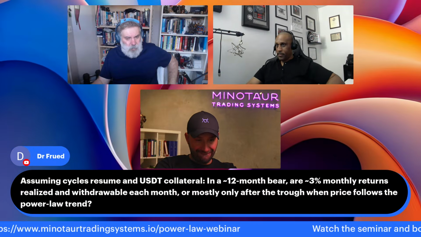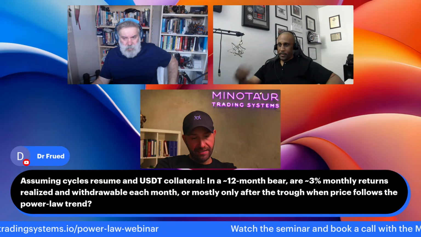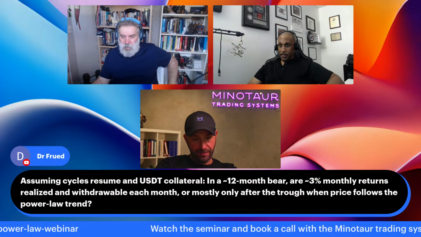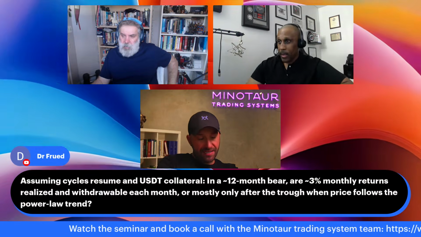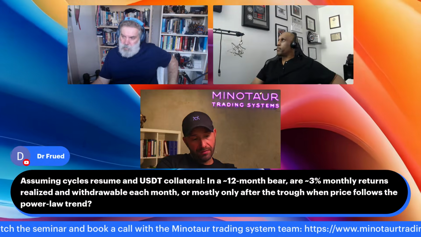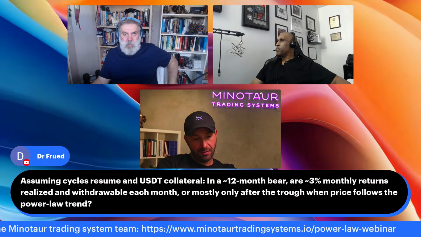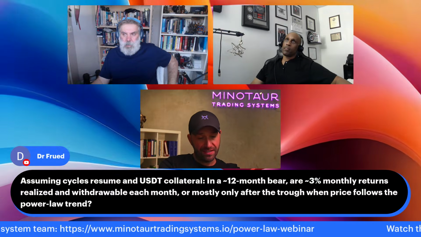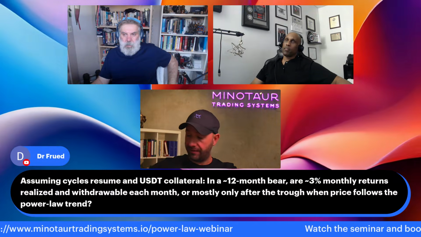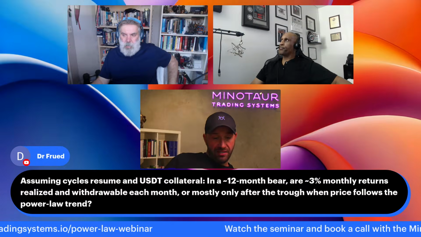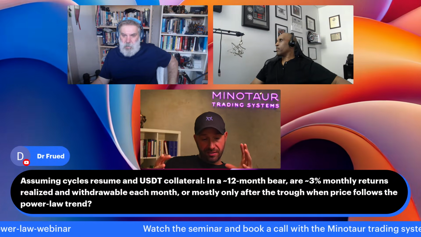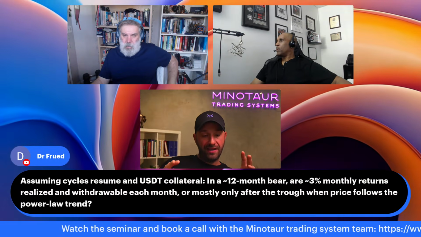And this question is more related, I think, to maybe borrowing. Yeah, mostly after the drop. It's up to you. So the algorithm is going to be calibrated to really protect you all the way down to the power law support without a rally. If there's rallies, we're going to be able to walk the price down. So the bot's going to be engineered based on your capital size to survive the bear market environment.